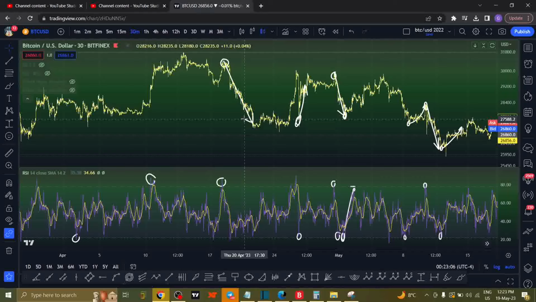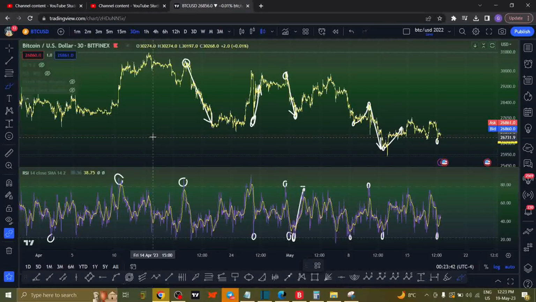Something I want you all to know: while this RSI strategy is very effective, it is important to remember that no strategy is 100% effective in this market. Market conditions can change any minute, they can change rapidly, so it's very crucial that you combine strategies such as RSI with other strategies such as Elliott waves, harmonics, divergence, and so on.